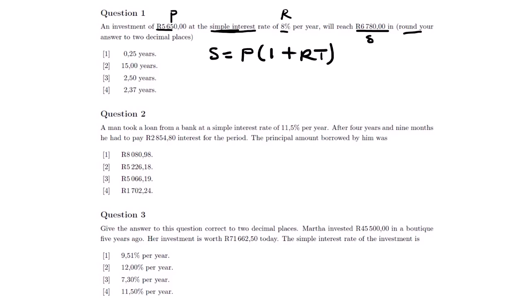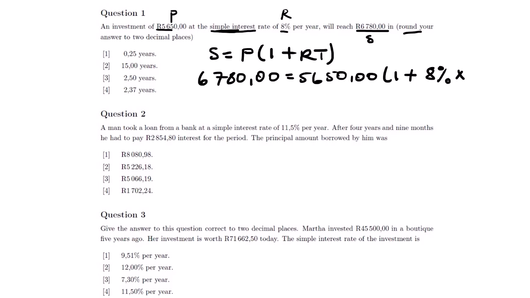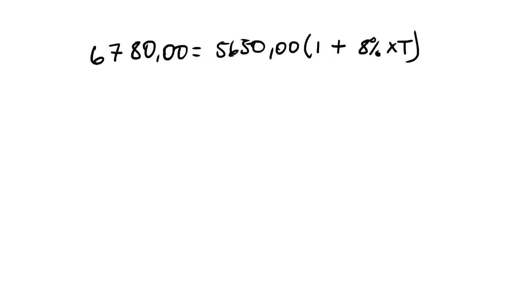And then we have the accumulated value, it's 6,780,000 equals the present value, it's 5,650,000. And then we have 1 plus our R, it's 8%, multiplied by, we are looking for T. So we can quickly solve for this. Let me use a bigger space for what we are working with.